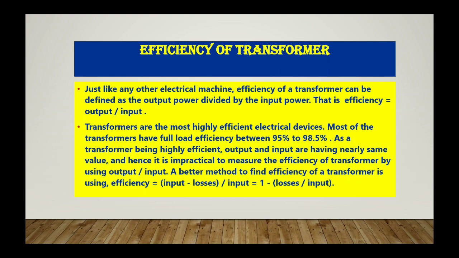Actually, we know that output equals input minus losses. So efficiency equals input minus losses by input, that is equal to 1 minus losses by input. So that is the efficiency of a transformer.